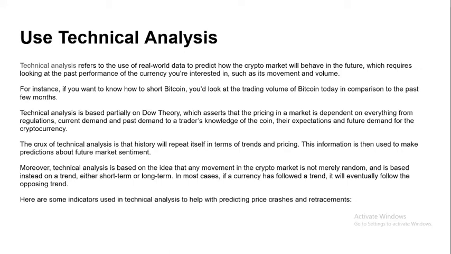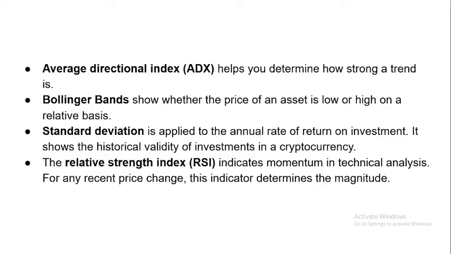Moreover, technical analysis is based on the idea that any movement in the crypto market is not merely random and is based instead on a trend, either short-term or long-term. In most cases, if a currency has followed a trend, it will eventually follow the opposing trend. Here are some indicators used in technical analysis to help with predicting price crashes and retracements.